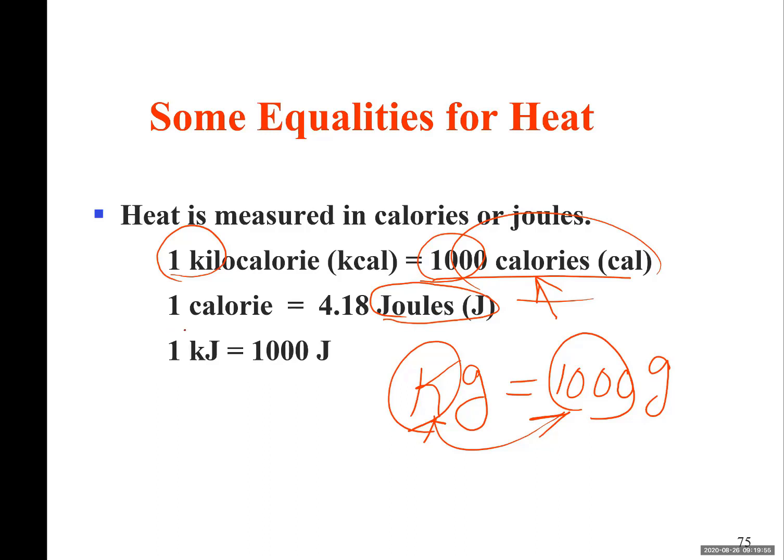Are these two related? Yes. The joule is 4.18 times smaller than the calorie. 1 calorie is 4.18 times larger than a joule. And what is the meaning of K? Prefix K is 1000, so 1 kilojoule is 1000 joules. So these are units of heat.